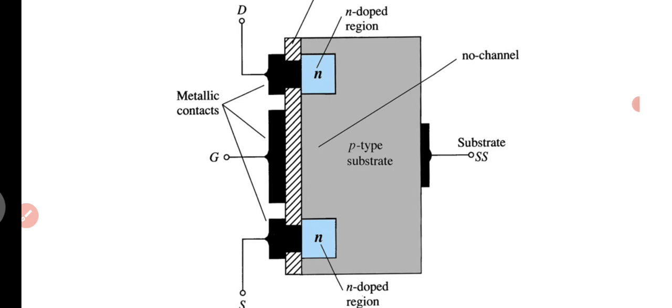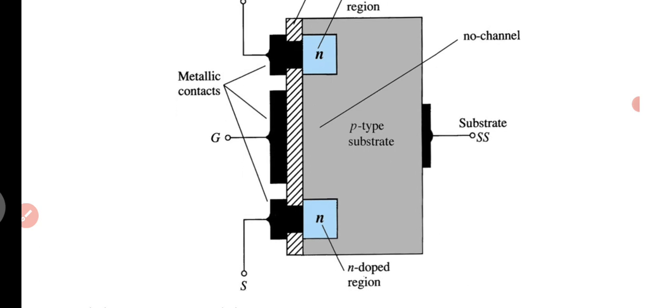Due to the NMOS, the source and drain regions are heavily doped N regions. Upon this we provide the silicon dioxide layer. The entire channel region will be our gate. From this we provide metallic contacts. Those metallic contacts are the three terminals: the gate, source and drain. The additional terminal here is the substrate terminal.